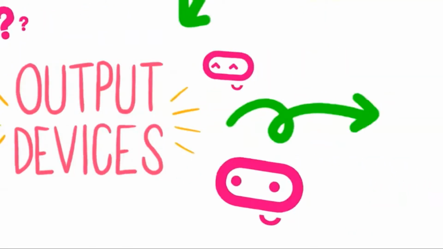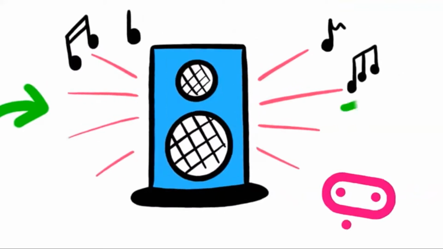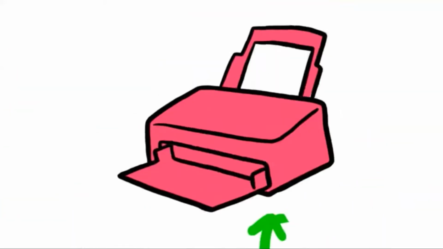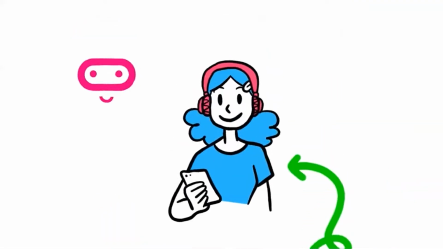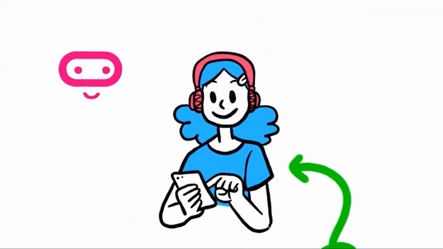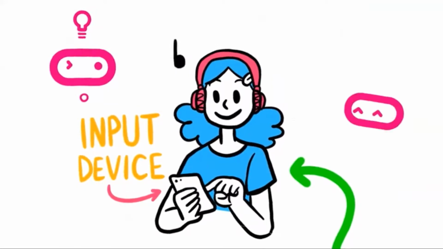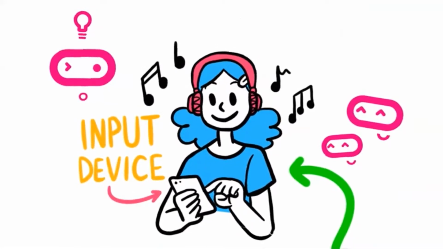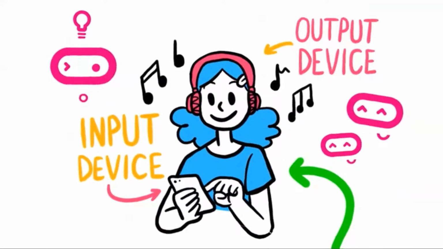For example, displaying a message on a screen, playing a sound via a speaker or headphones, or printing a document. So, if you want to play music on your phone and press play on the touch screen, you are using an input device to tell your phone to play the music. The phone will then play the music and the sound will come out through an output device, your headphones.